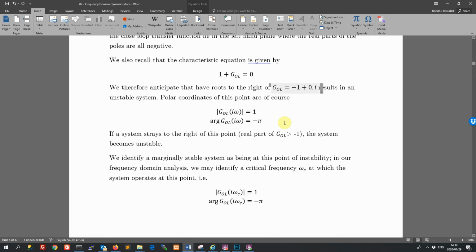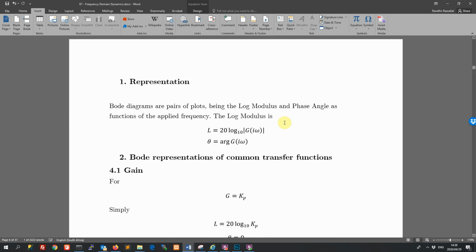So Bode was one of the researchers who spent a lot of time developing better controls methods, and one of the tools he used was this definition for the log modulus. So we define here the log modulus as taking log to the base 10 for our magnitude of G of i omega. So 20 times the log modulus of that is defined as L.